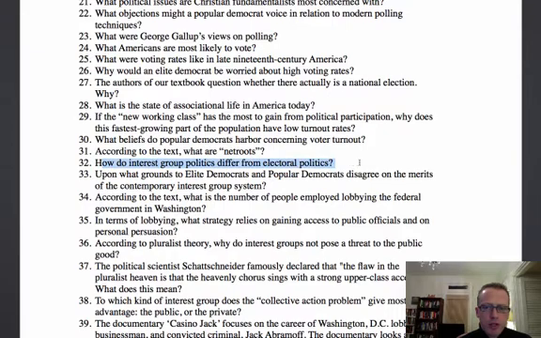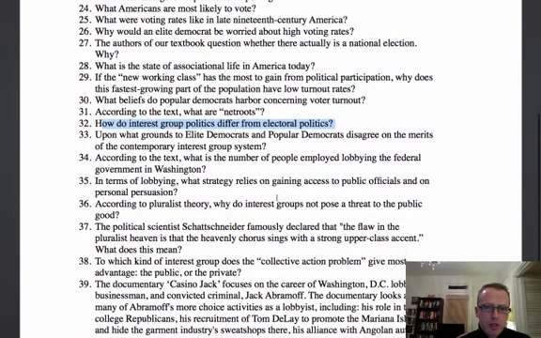How do interest group politics differ from electoral politics? Well, the thing about electoral politics is that it's all about appealing to voters. It's all about people on Capitol Hill trying to get the vote out and to generate momentum in favor of specific candidates.